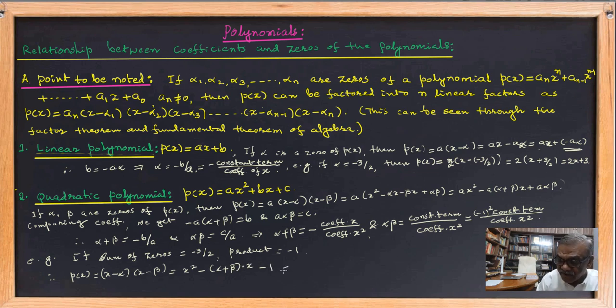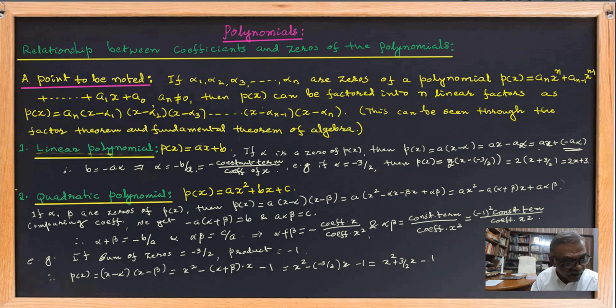With alpha plus beta equal to minus 3 by 2, minus of minus gives plus 3 by 2, so this is x square plus 3 by 2 x minus 1.